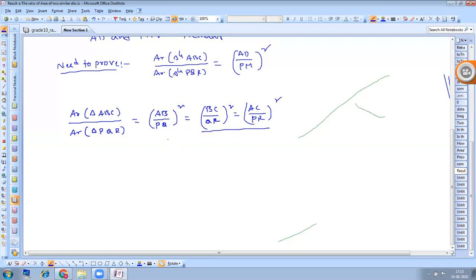So these two statements are not required. I'm taking only this consideration because I draw the median from A. So the first ratio is enough to solve the rest of the three.